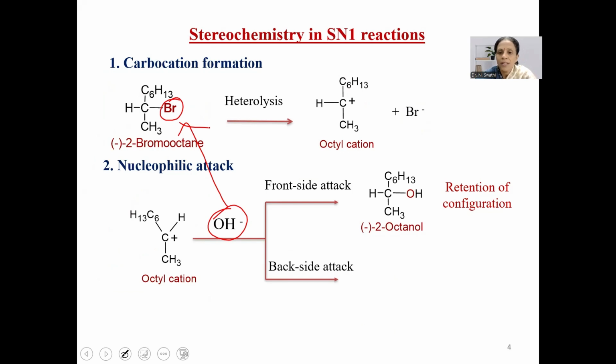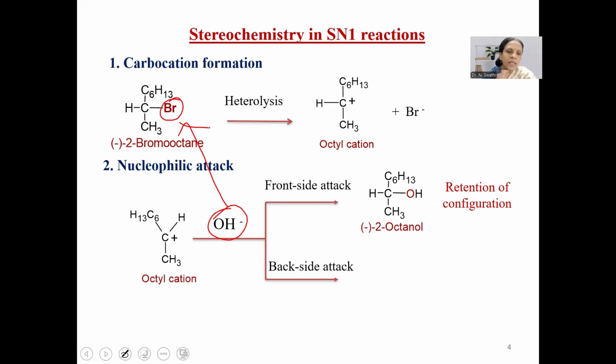And that is how we get 2-octanol. But look at the configuration here. The OH group is exactly taking the position of the bromide group. In the initial compound, the configuration is the levo isomer. Even though 2-bromo-octane is converted to 2-octanol, so there is a functional group change, the arrangement of the other groups is the same, and OH just takes the position of bromine.